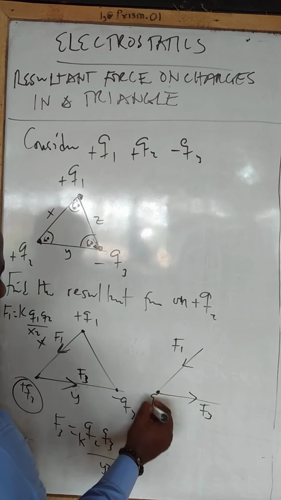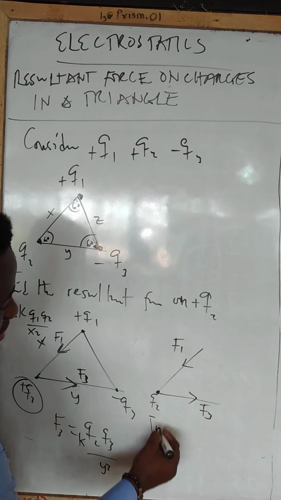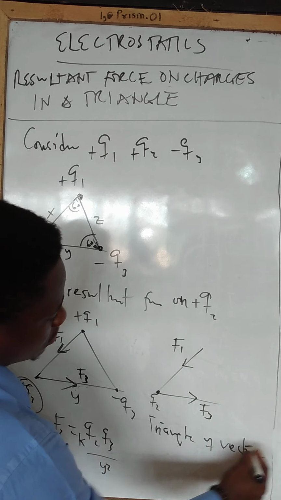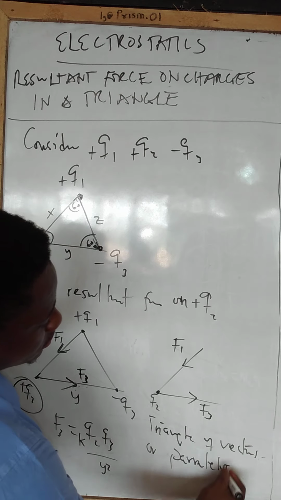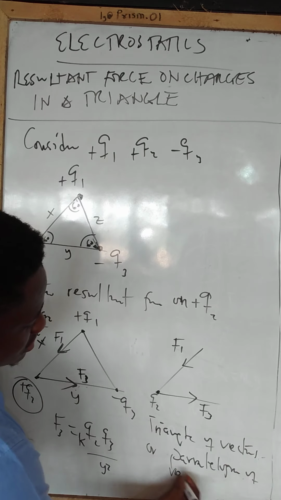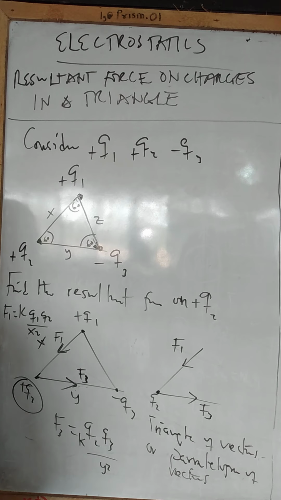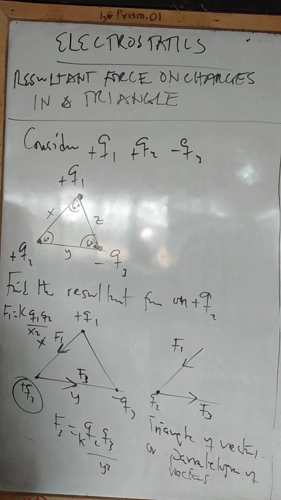So let's just write Q2. Now once you have seen the direction of the forces on the charge Q2, you are going to use either the triangle of vectors or the parallelogram of vectors to find the resultant on the charge. So that is how you go about this.